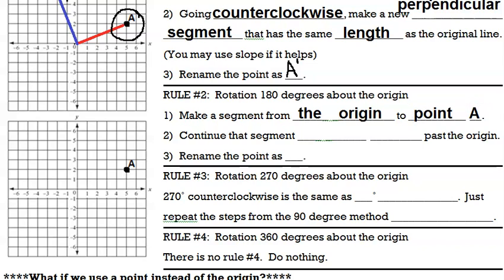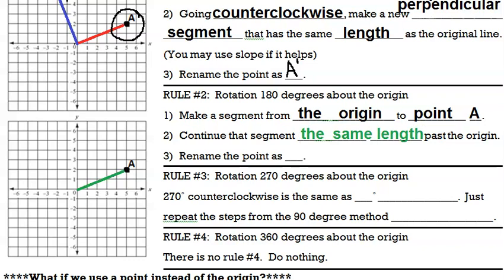And then we have to ask ourselves, what does it actually mean to be 180 degrees? Well, 180 degrees is just a straight line. It's a straight angle. So all I really have to do for this next example is continue the segment the same length that we had it initially and just go past the origin.